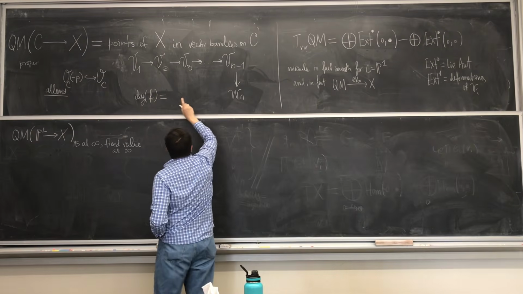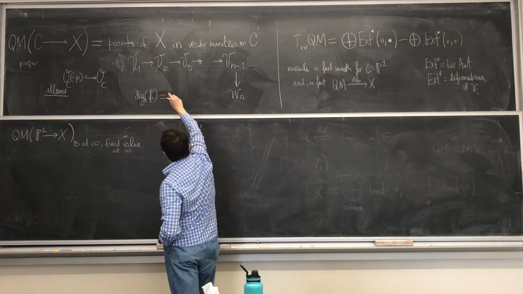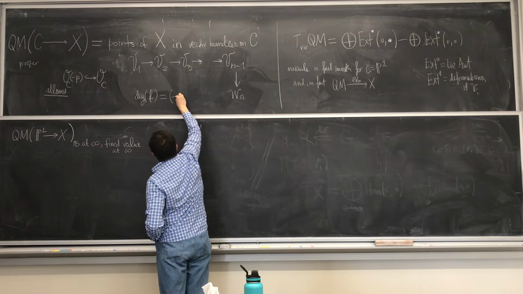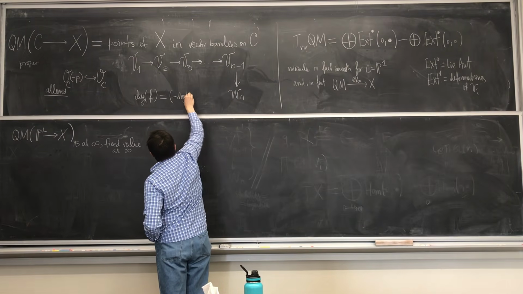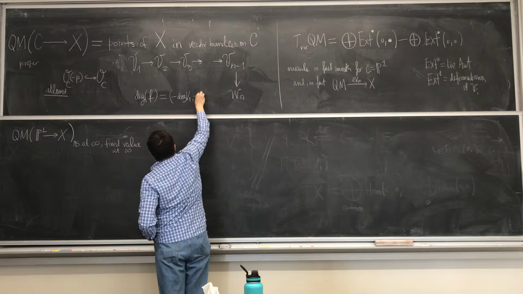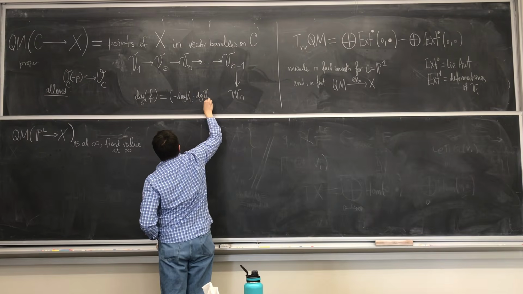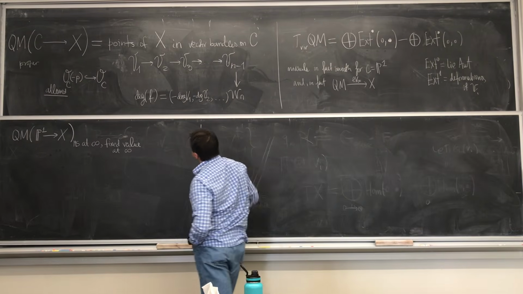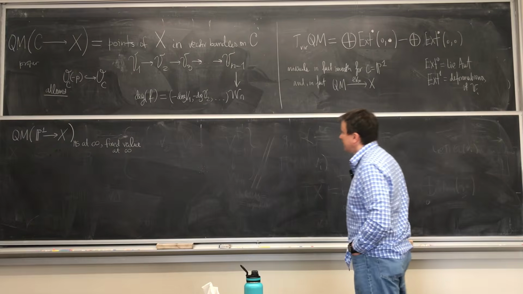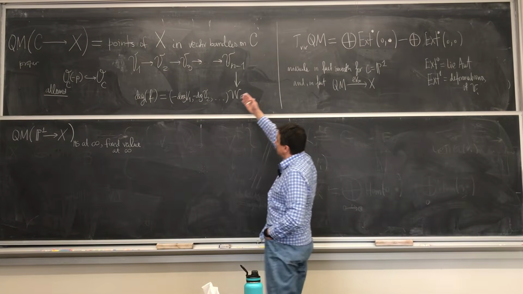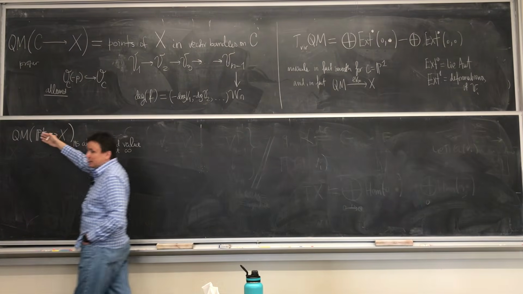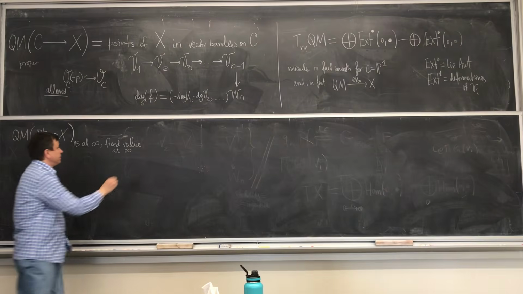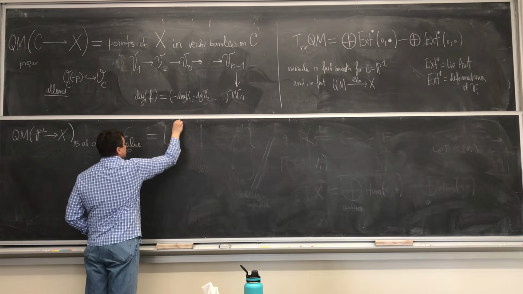And of course it's a topological invariant, and this space is just a disjoint union over all these degrees.